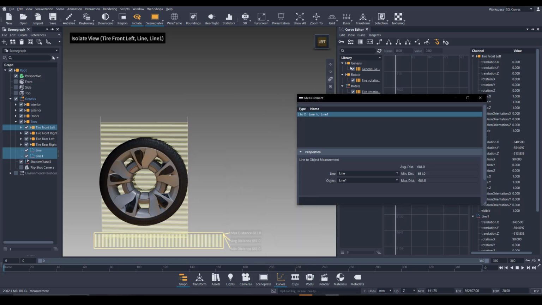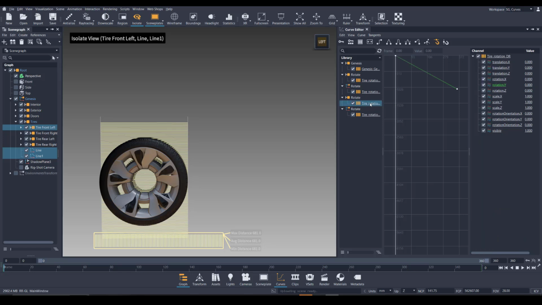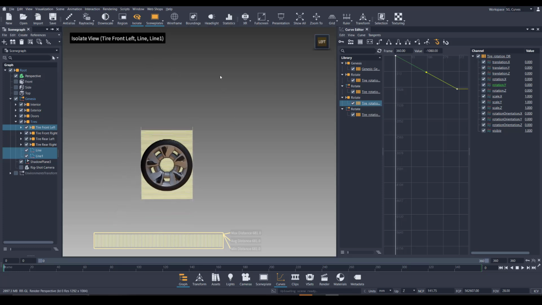I need another bit of information, so I will look in here at one of my tires, and I see that the last key is set to a value of negative 1080. I'm just going to delete that measurement.